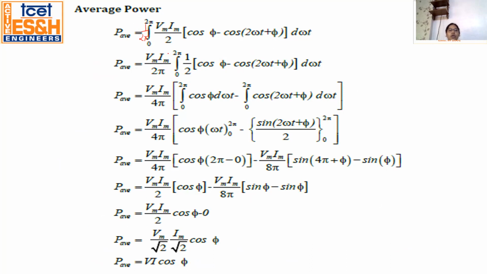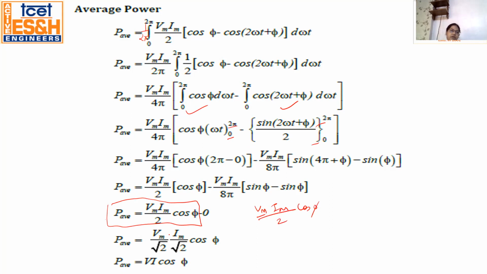Vm Im by 2 pi stays as it is here. Now integrate this equation. After integration and putting the limits 0 to 2 pi, what will you get? You will get the equation for P average: Vm Im by 2 cos phi.